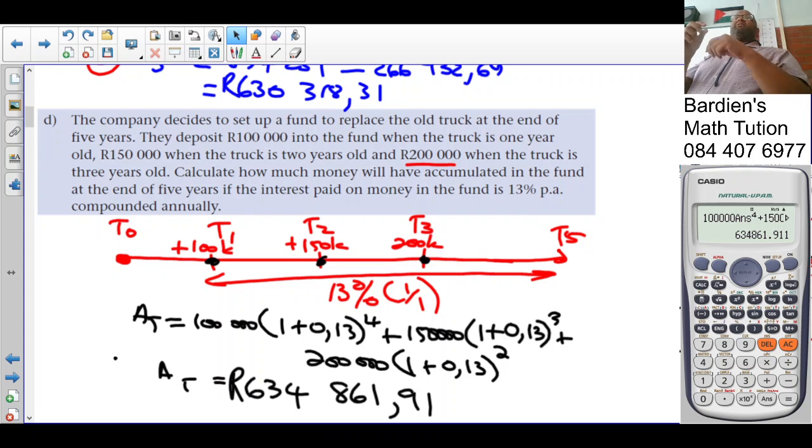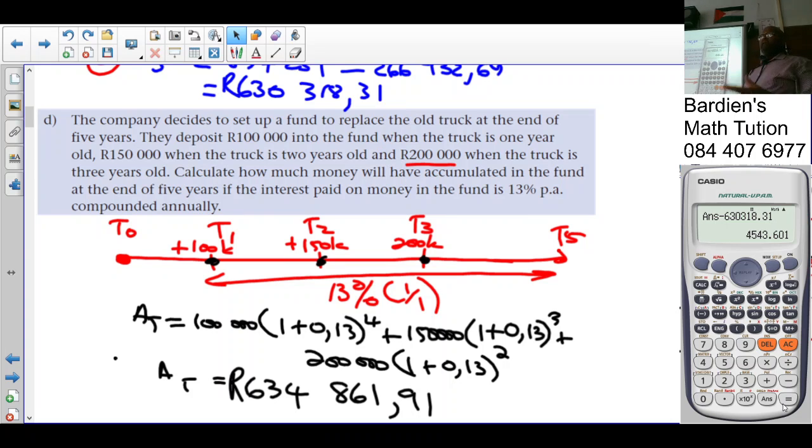Now to pay that small amount in is easy for a company, whereas to pay 630,000 rand straight is a bit steep. Okay? So you take it off. So that will give you 630,318 rand and 31 cents. So they have a surplus of 4,543 rand and 60 cents.